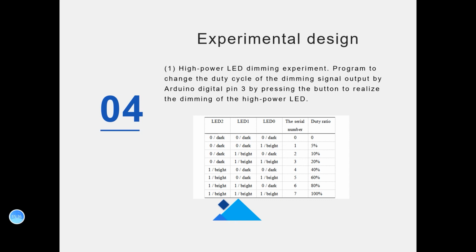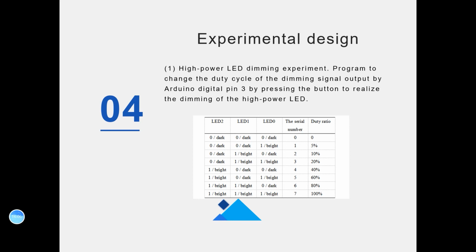The duty ratio of the dimming signal starts from 0 and, as the key is pressed each time, increases in accordance with the table to 100%, and then returns to 0. At the same time, the light or dark combination of three low power LEDs on the expansion board is changed accordingly.